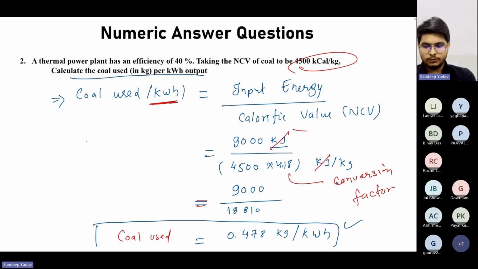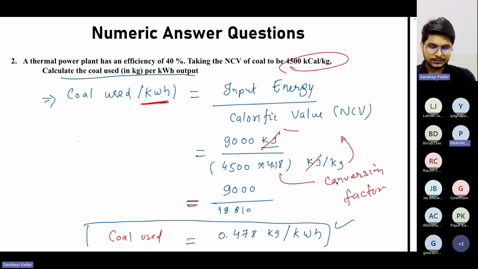So kilojoule will cancel out, and finally we get 0.478 kg of coal being used to generate 1 kilowatt hour of electricity. I hope this question is clear.